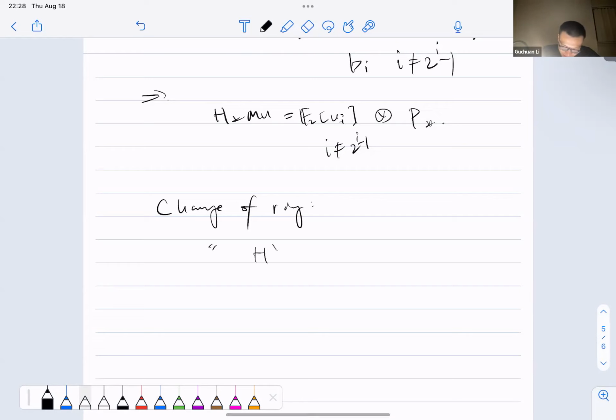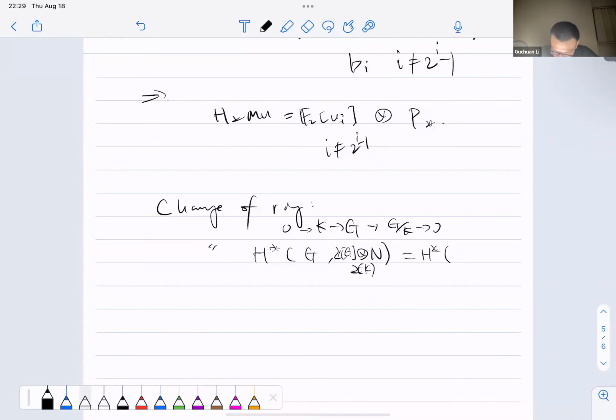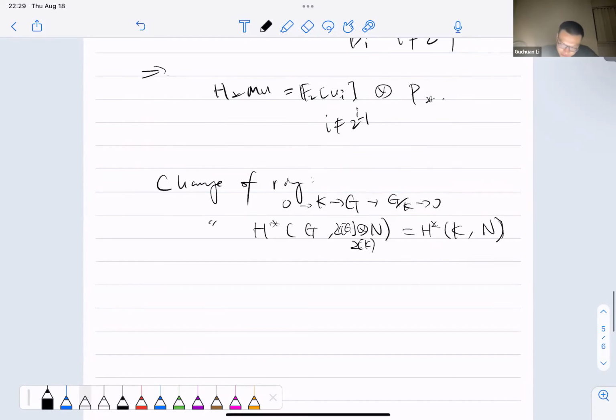If you think of group homology, say you have an extension of groups, where K is a normal subgroup of G. If you happen to compute the G homology with coefficients induced from the subgroup, then in this case you can simply compute the K homology with the smaller coefficients.